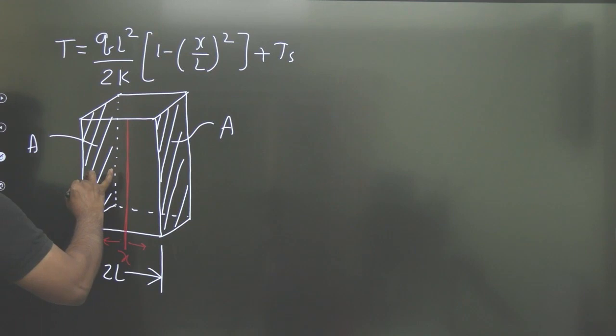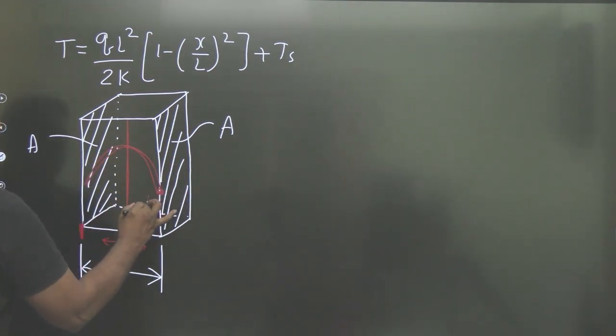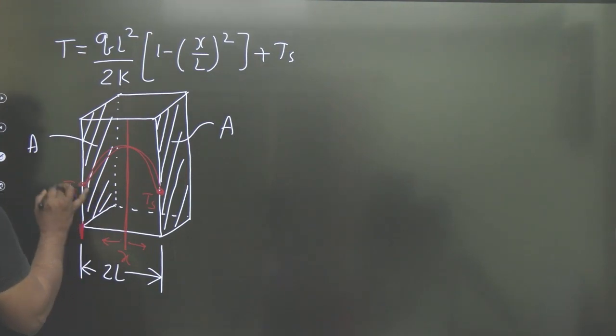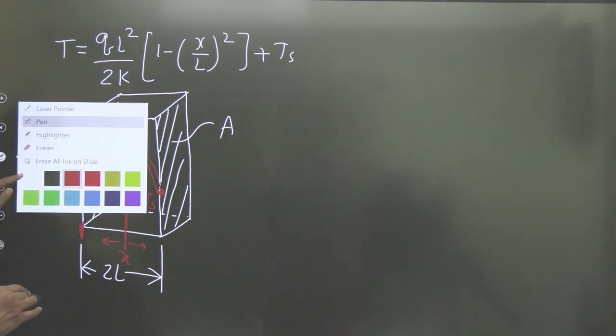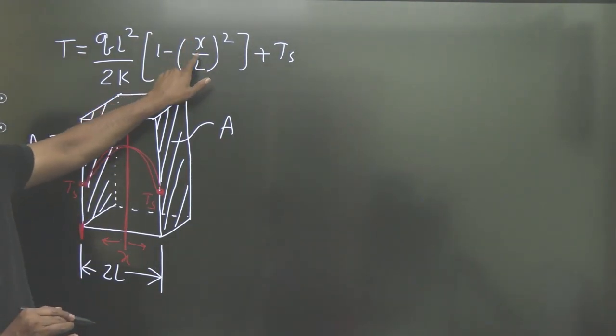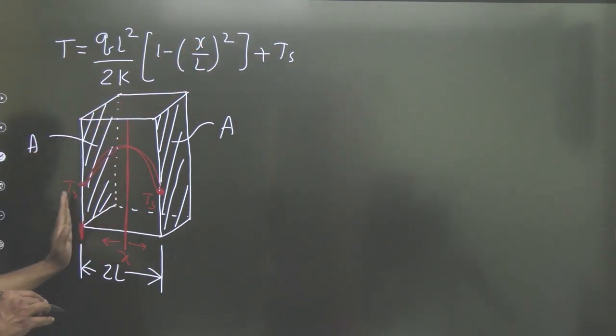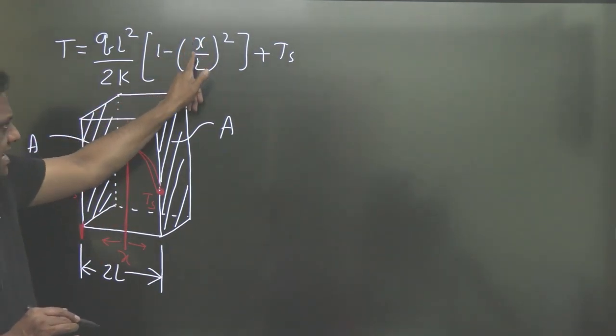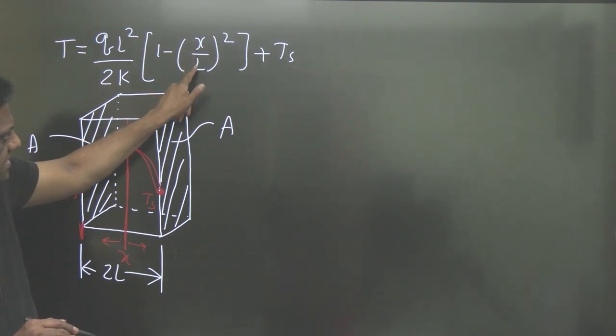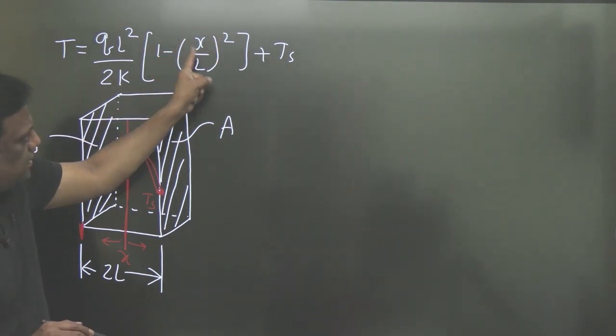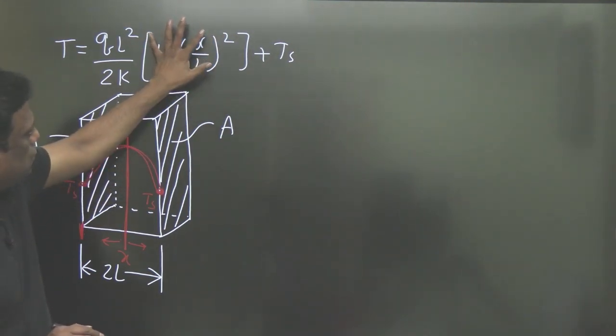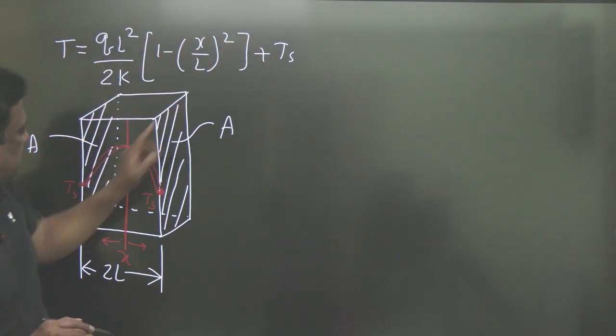And he said uniform heat generation. No problem at all. This surface is maintained at Ts, and this surface is maintained at Ts. How do you know, sir? Very simple. If you put x as minus L, minus L by L is minus 1, minus 1 whole square is 1, 1 minus 1 is 0, so T is Ts.